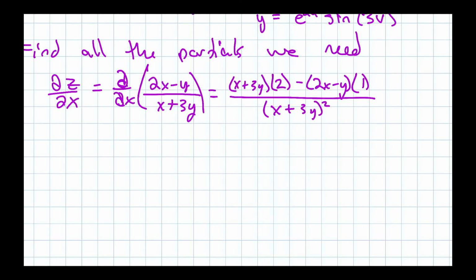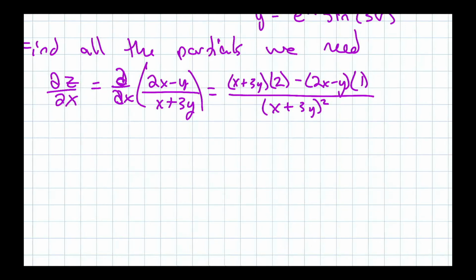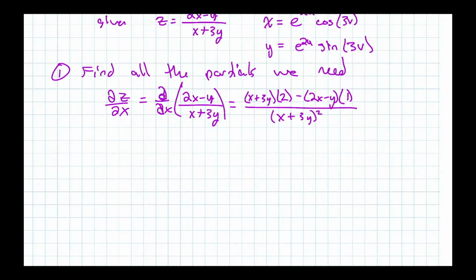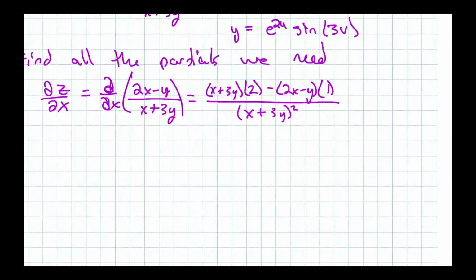So let me just think about that. Bottom times the derivative of the top minus top times the derivative of the bottom, all over the bottom squared. Yes. Okay, so that's that. You can simplify it a little bit here.